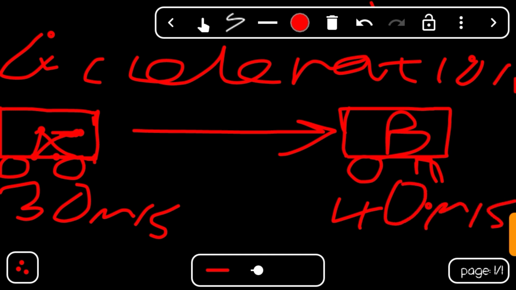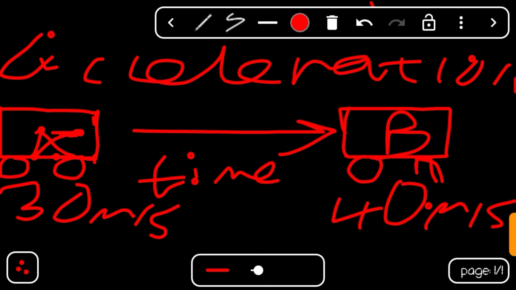How fast it changed its speed or velocity from 30 meters per second to 40 meters per second is what we describe as acceleration.